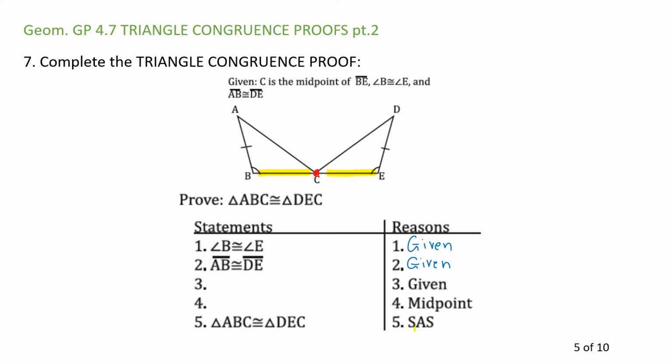And then, of course, the third thing that they gave me was that C is the midpoint. What does that mean? That means that BC is congruent to EC because that's the definition of midpoint. So BC segment is congruent to EC segment. The triangles are congruent because of side, angle, side. That one's done.